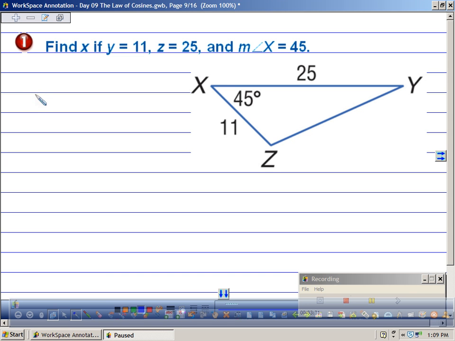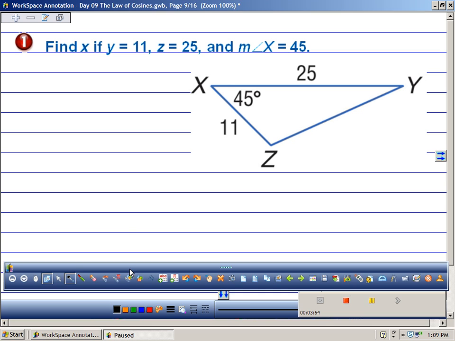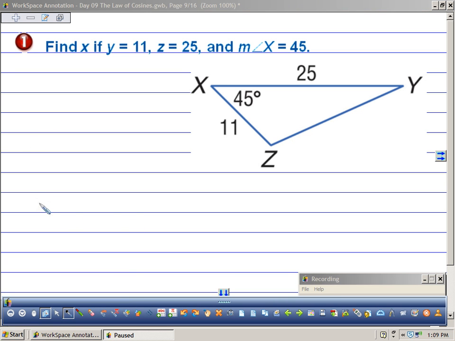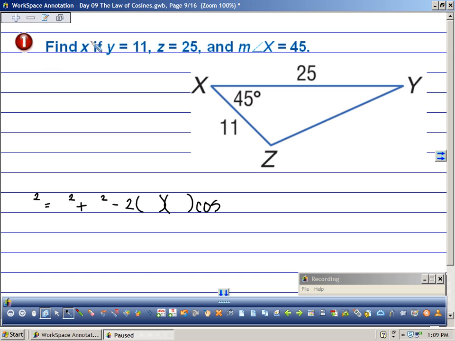Okay, so I'm going to draw my shell. I'm going to square something. That's going to be equal to the other squares minus 2 times the sides times cosine. So it's saying find x. Where's x located?